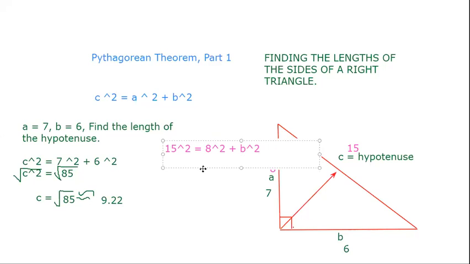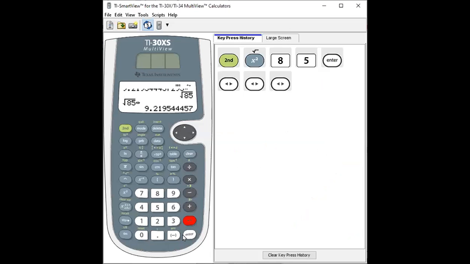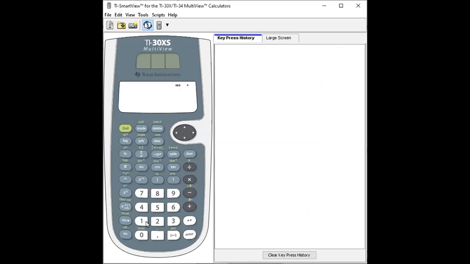So 15 squared, just go to your calculator to do that one. To do 15 squared, it is 1, 5. You can use this shortcut x squared if you want, but I want you to get in the habit of using the up arrow because not always is your exponent going to be 2.